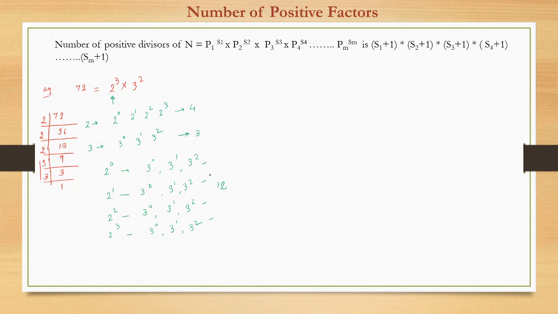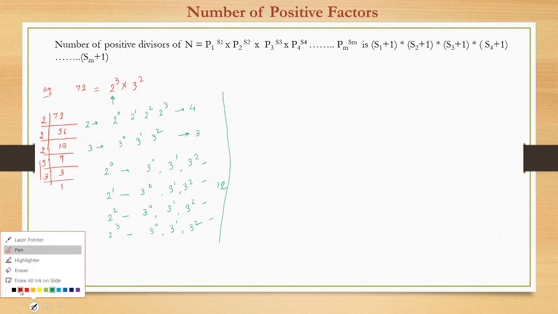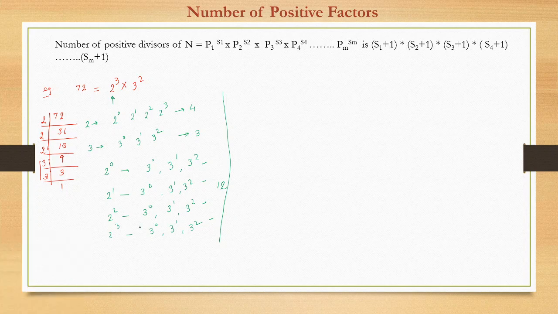Another way to look at this: directly, when we consider prime number 2, it has four options. 2 can take powers from 0 to 3, meaning 0, 1, 2, 3. So it has four options.